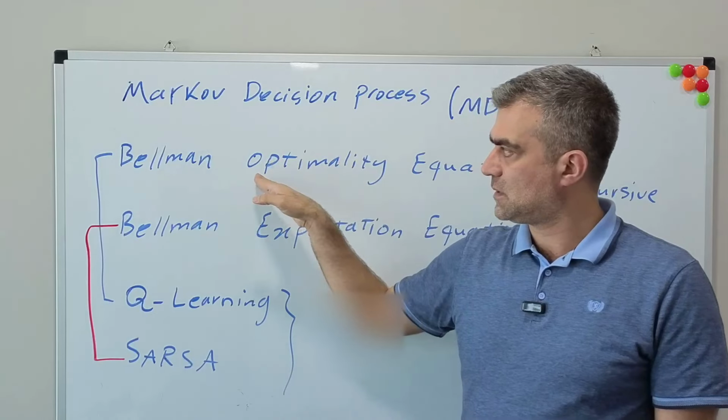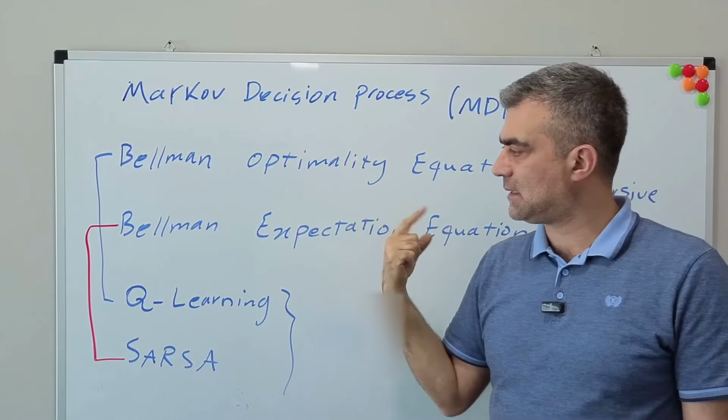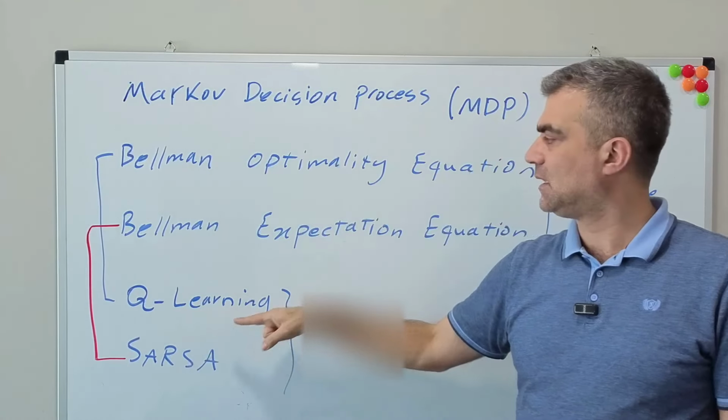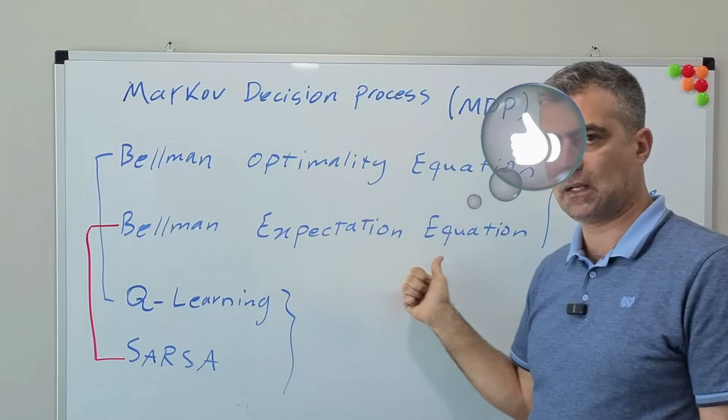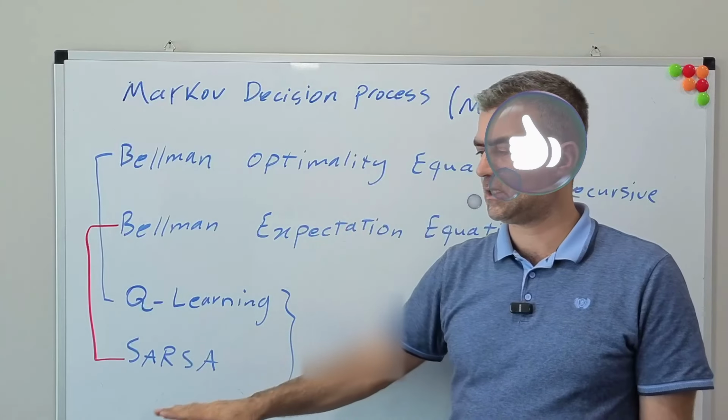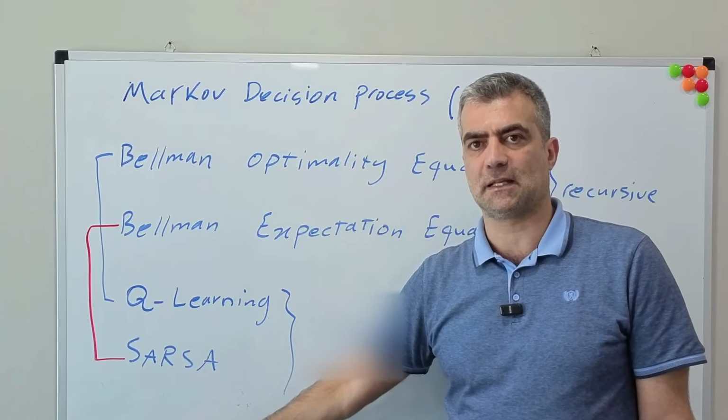Then if you choose optimality, the implementation will be Q-learning. If you choose Bellman expectation equation, then the implementation will be SARSA.